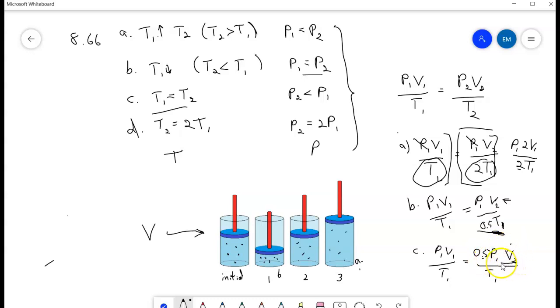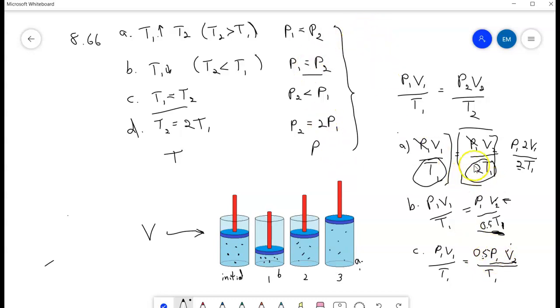We've reduced P1 V2 to half of its prior size. So remember, P1 V1 over T1 is staying the same, which means this value is staying the same all the way through. So we're comparing everything to that. So we have 0.5 P1, that's P2.